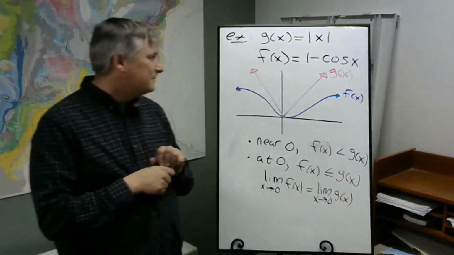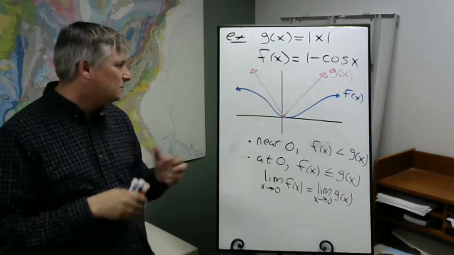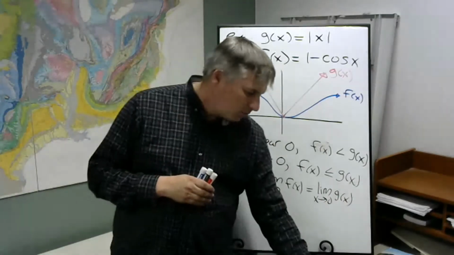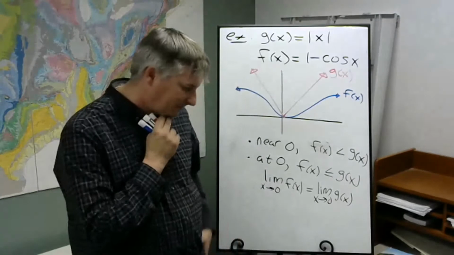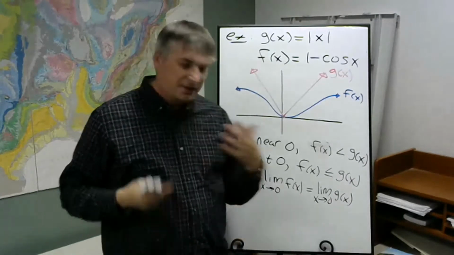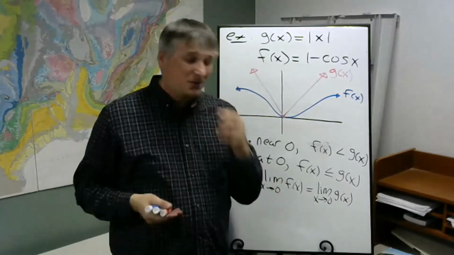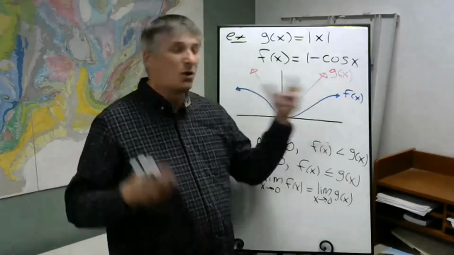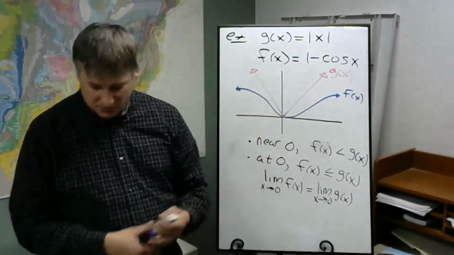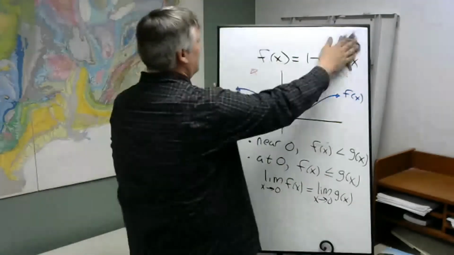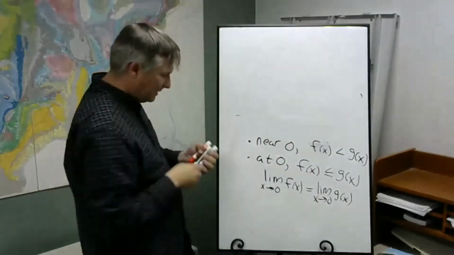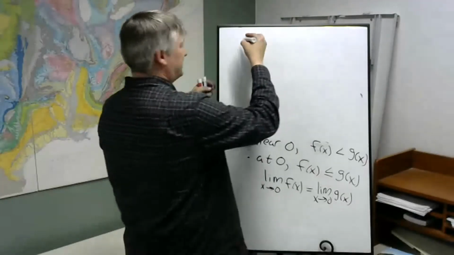So the warning in the text is that if you look at the functions, the way the inequality is set up, where f of x is less than or equal to g of x, you could actually make that stronger in this example. You could say f of x is always less than g of x.